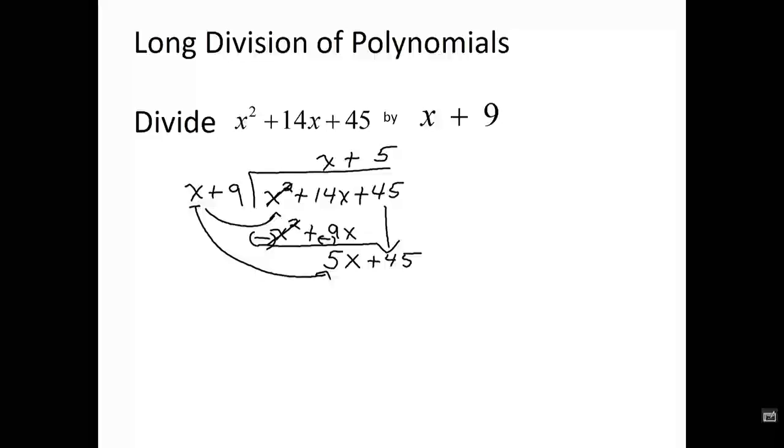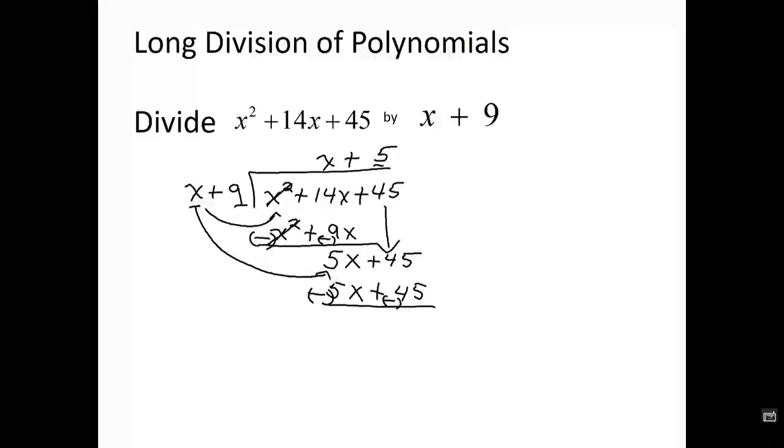And now we multiply. Quotient times divisor. 5 times x is 5x. 5 times 9 is a positive 45. And now we subtract. This becomes a negative 5x and a negative 45.